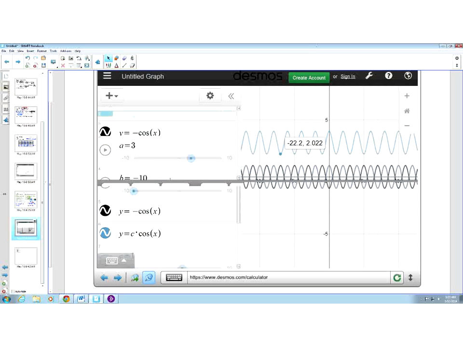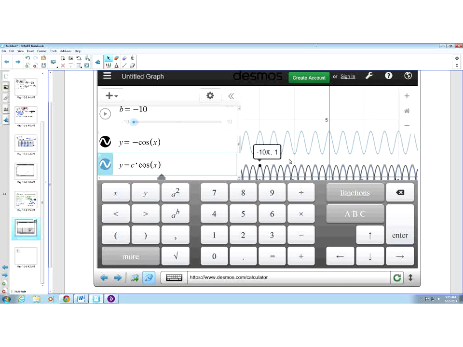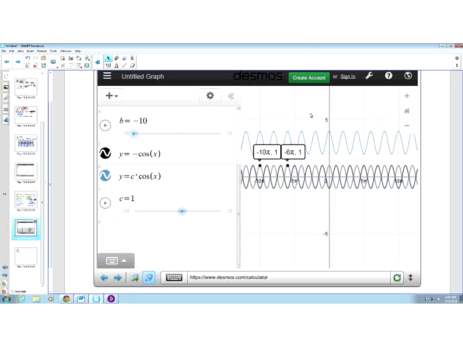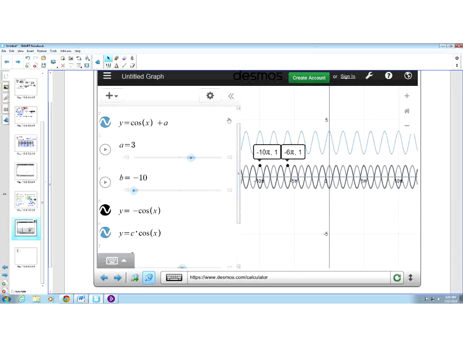Right now, when c is equal to 1, we basically have the original function. Let me take this graph off, there's too much clutter. Let's see which one is in the way. We can get rid of this one.